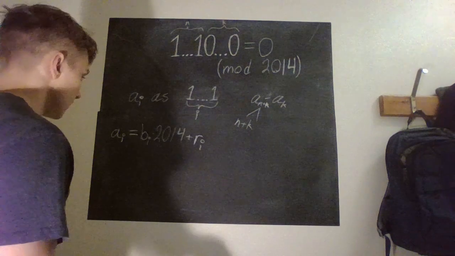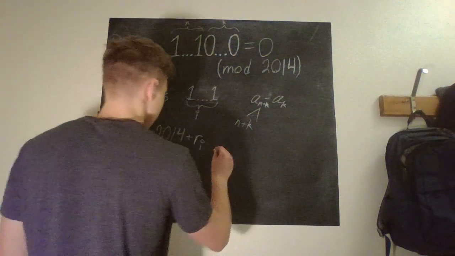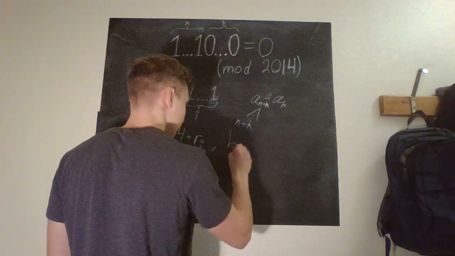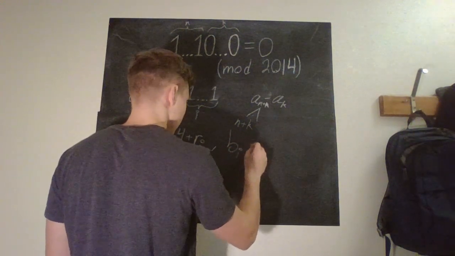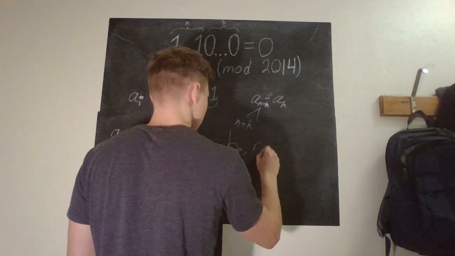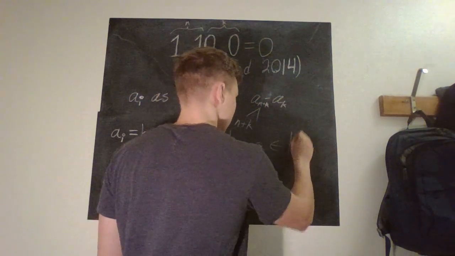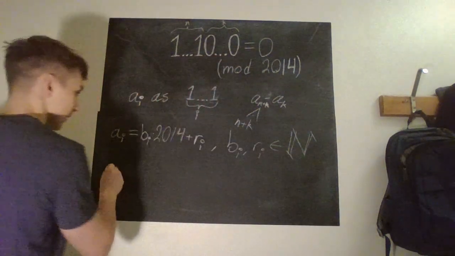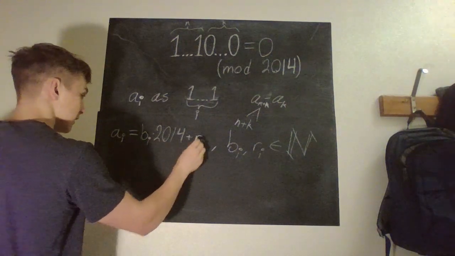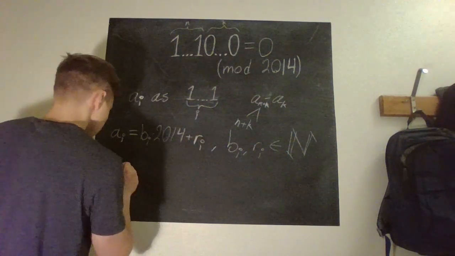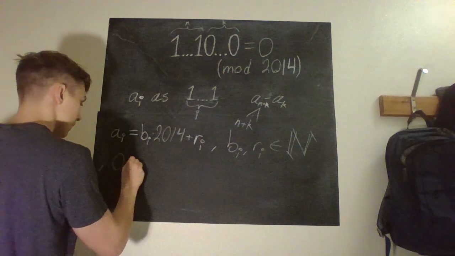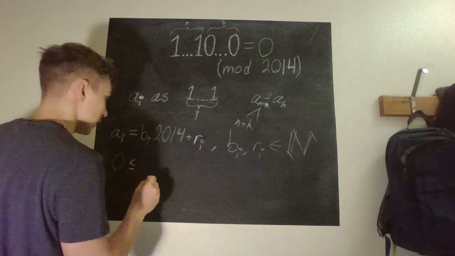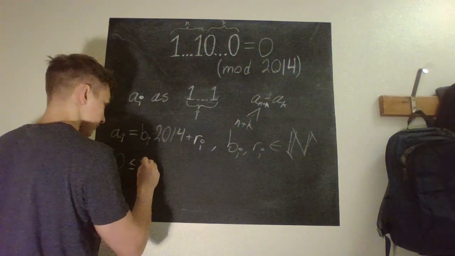But firstly we should note that b_i and r_i are natural numbers, and that r_i is greater than 0.